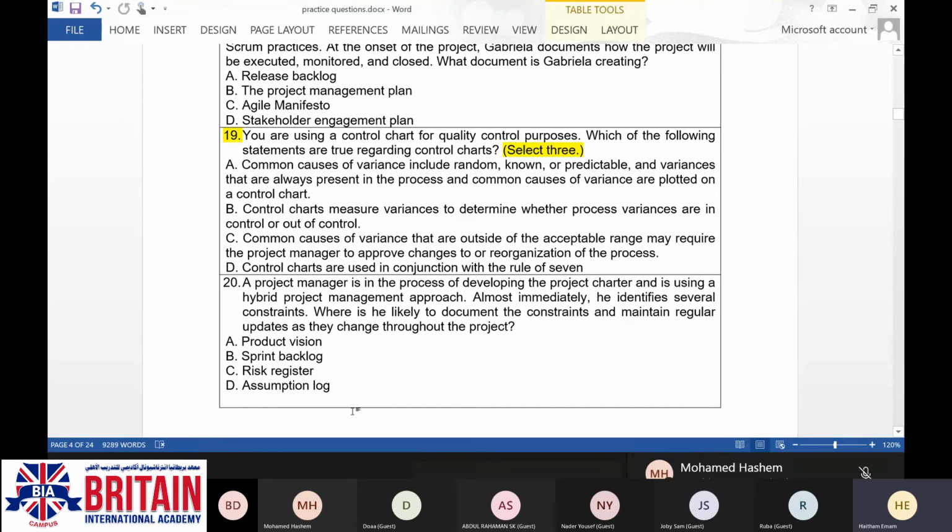Again, we have to define the difference between each one of these. When it comes to the product vision, it will be what do you want as objective for this project? What are the benefits which you are going to gain? What will be the business model for your project?